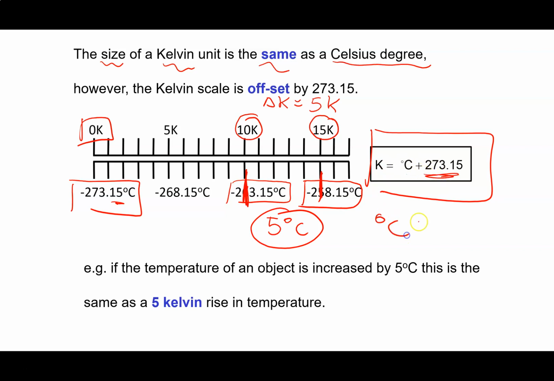And if we wanted to go from Kelvin into Celsius, we would take away 273.15. So it's pretty easy, right? Just keep in mind that the change in Kelvin units is exactly the same as the change in Celsius units. So it's really easy.